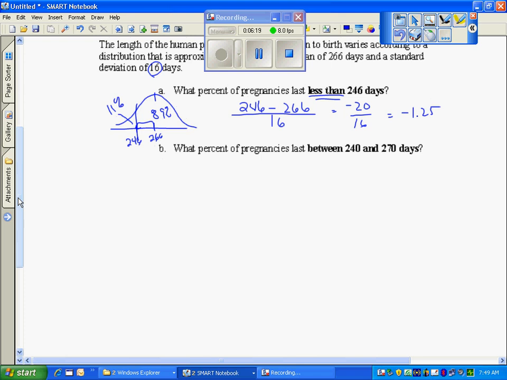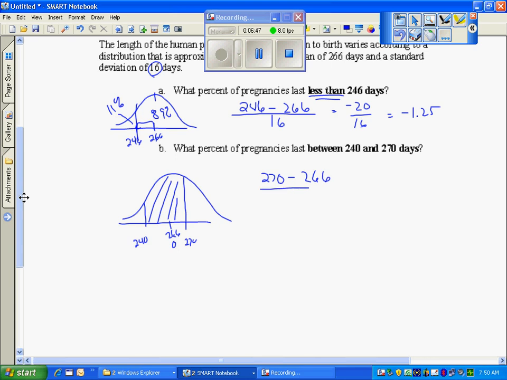In the next situation, we have 240 to 270. If I mark that, remember this is 266, which the linear transformation would make 0. 240 is on the left, and 270 is just slightly bigger, slightly longer. I want to know how many people go a little above and some below. First I take 270 minus 266 and divide that by 16.